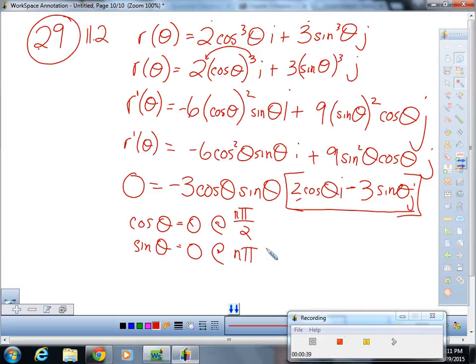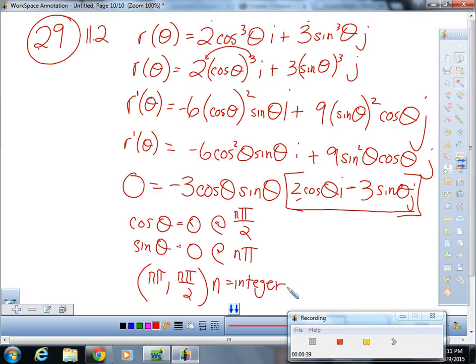Okay, so this thing will be smooth on the interval from n pi to n pi over 2, where n is an integer. So it looks like it's going to be smooth every 90 degrees, if you can think about it that way.